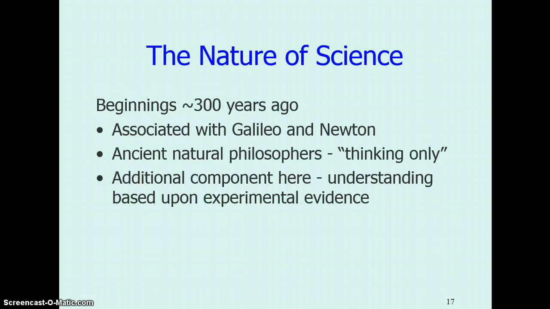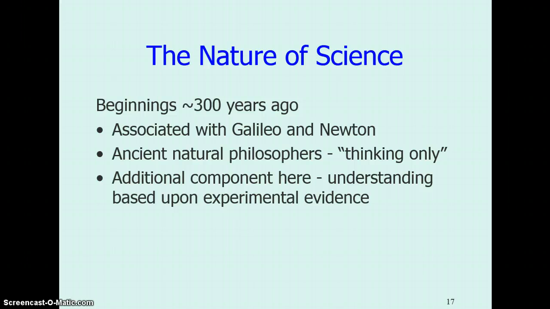All right, so this is, I really want to talk about this in particular, the nature of science. What we call modern science begins about 400 years ago, really around the time of Galileo. Newton comes about a generation after that. So the things that Isaac Newton did was about 350 years ago.